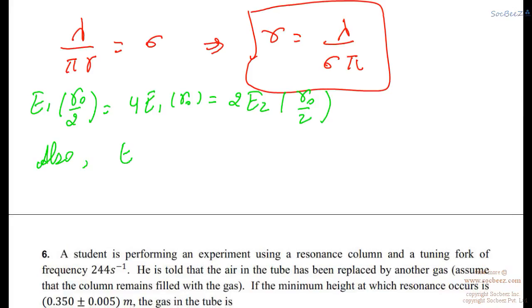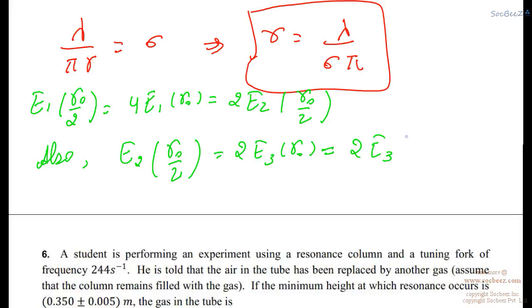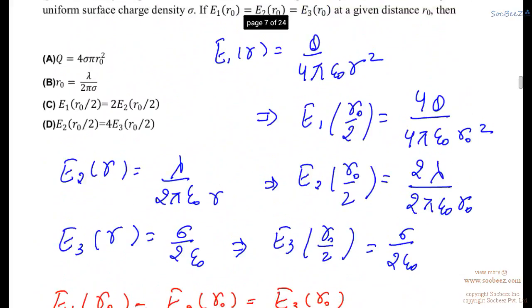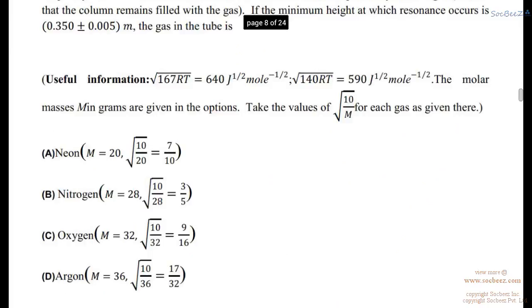Also, we get E2(r0/2) equals 2 E3(r0/2). So the only correct option here is option C. Okay, now let's see another question.